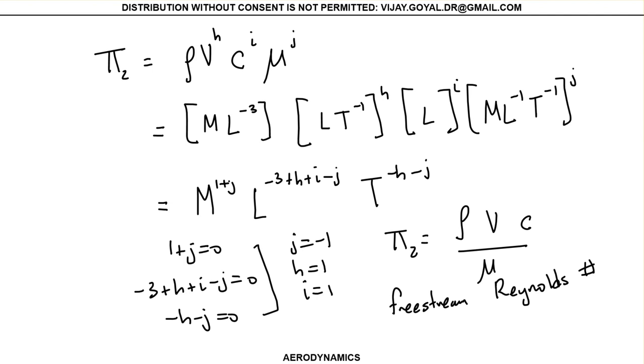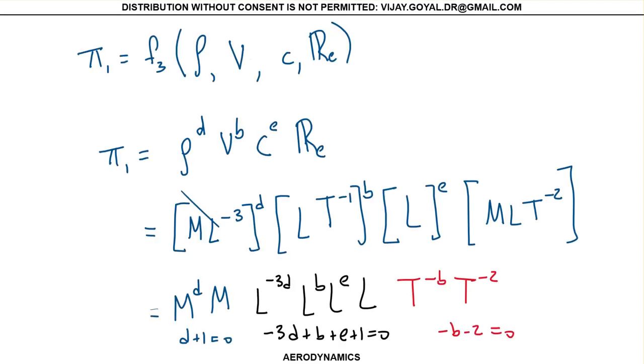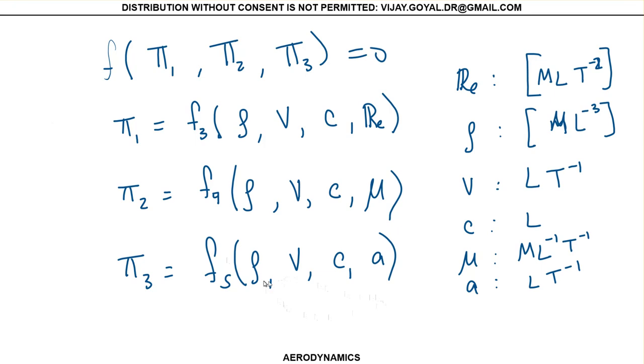So the next equation that we want to use, let's say pi 3. I have pi 3, and pi 3 we said was b, rho, c, and a, with exponents k, r, s. This comes back to the equation right here: a, b, c, rho.